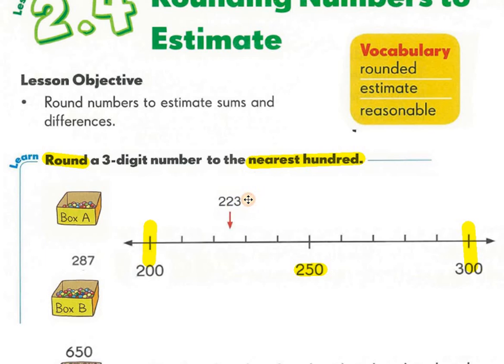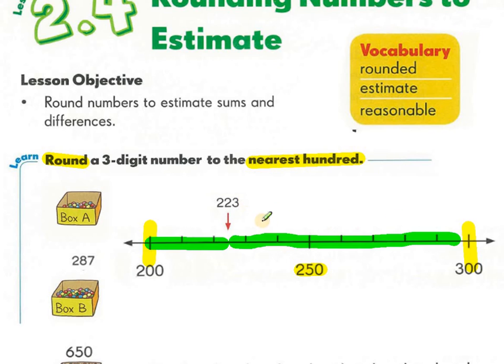So this is 223. So I think it's going to be right about there on the number line. The distance from 223 to 300 is much bigger than the distance from 223 to 200. So when I round the number 223, I'm going to say box A has about 200 beads in it. About 200.